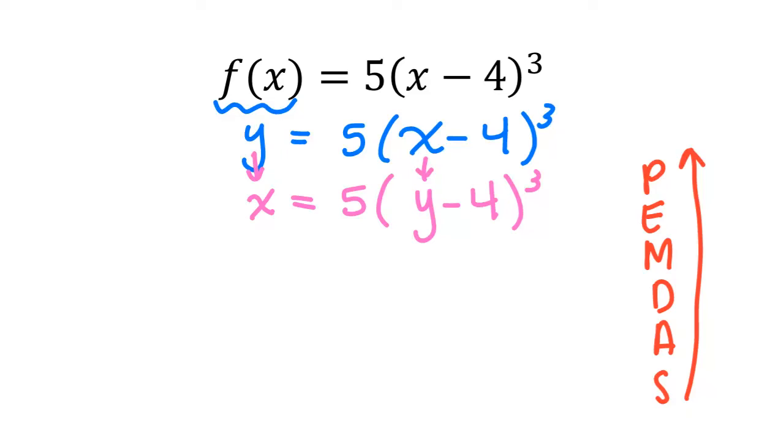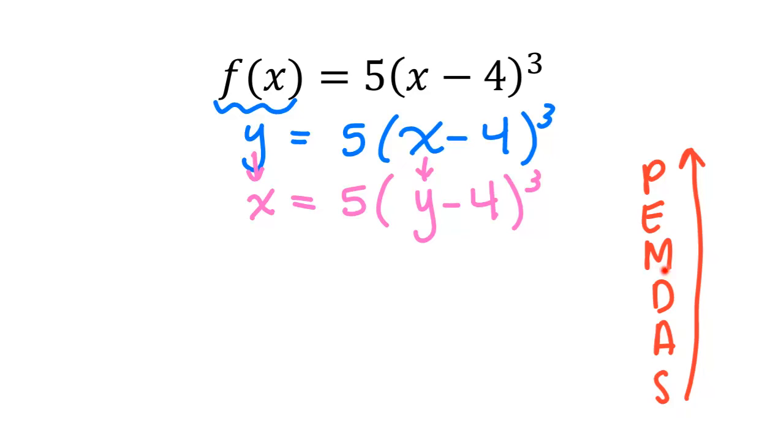So I have the 5 left over on the front. If I block off this part here, the y minus 4 in the cube, that only leaves me with the 5 on the outside of the parentheses. So I have to get rid of anything outside of the parentheses. So how do I get rid of this 5 here? Is there an addition symbol here somewhere? No, so it's not adding or subtracting. This is actually multiplying. If it's next to it, it's multiplying.